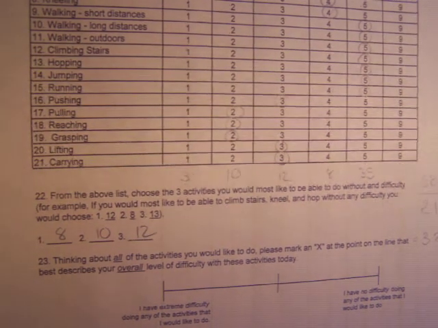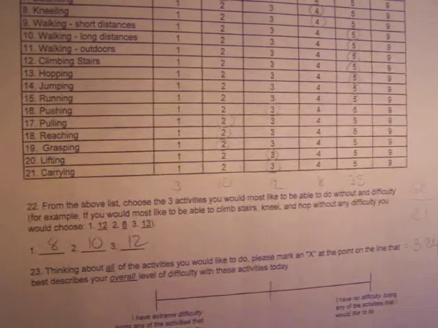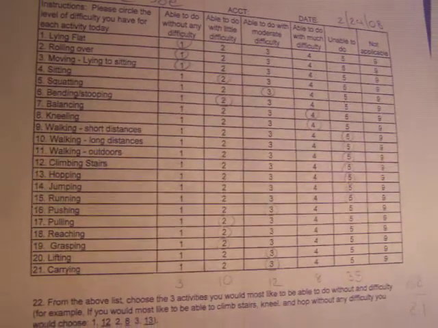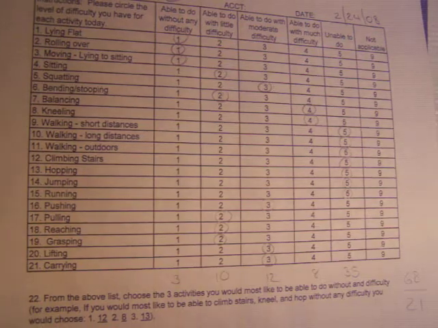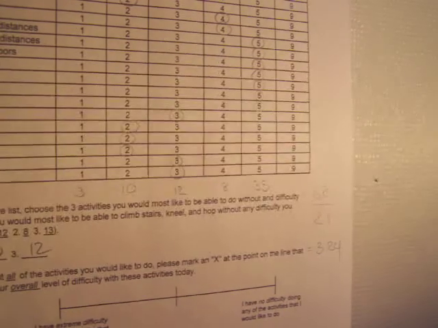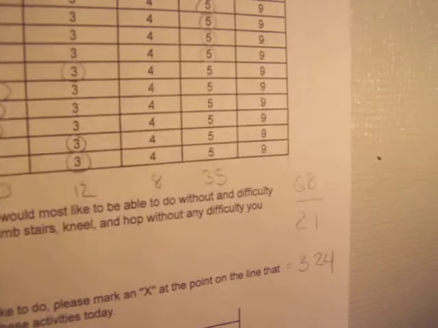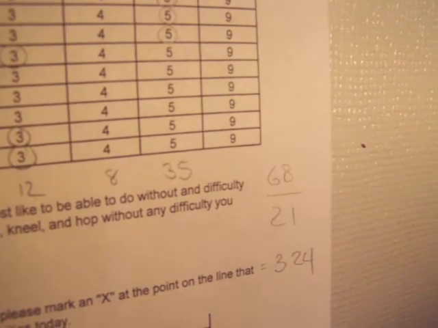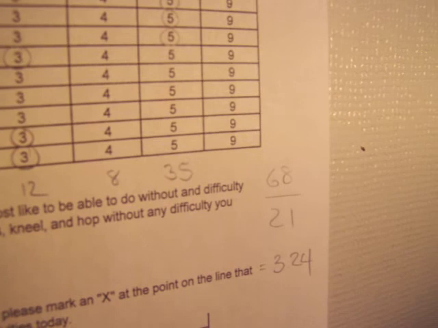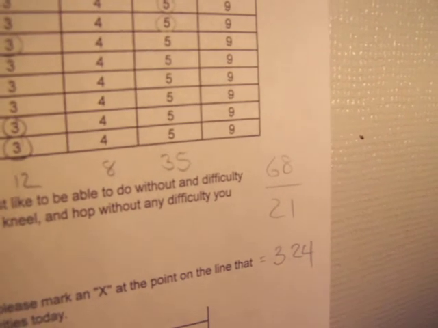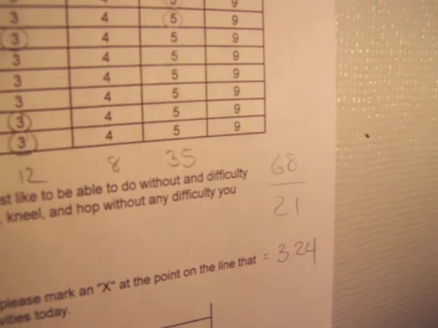This is a pretty typical Optimal scale for our geriatric population. Looks like this lady may have had something going on with her knee or lower extremity. Her total score, which you probably can't read, there you go, 68, and then you put the bottom number, which I think is the denominator, is 21.